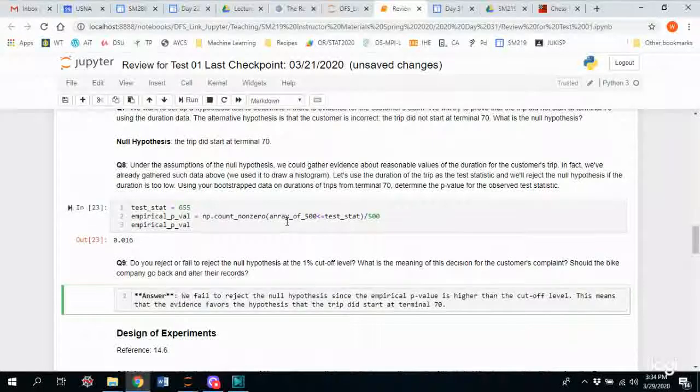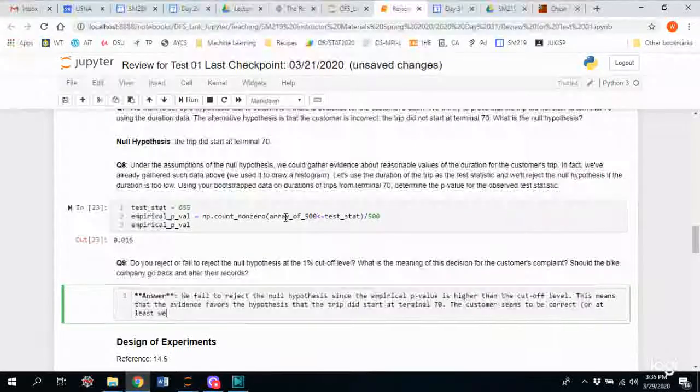And in this case, it means that the customer seems to be correct, or at least we don't have sufficient evidence to conclude that the customer is wrong.